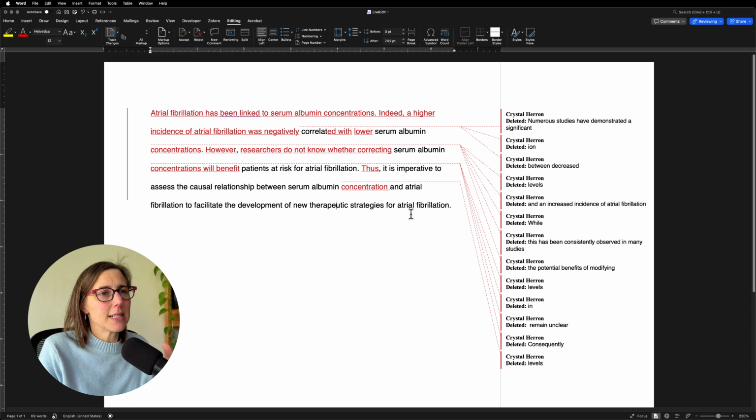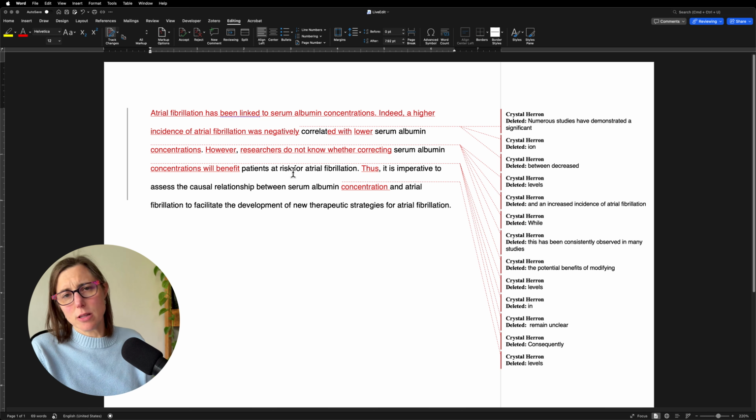So one thing that stands out to me, because we just talked about this, is the order of information. So up here we have atrial fibrillation to serum albumin. And then we have atrial fibrillation to serum albumin. And so here, let's see, then this sentence we have correcting serum albumin will benefit patients.